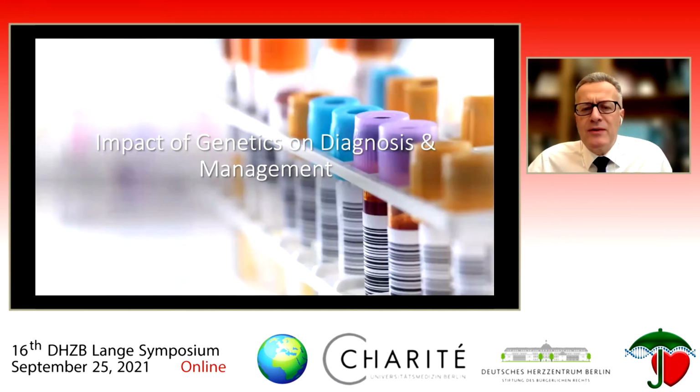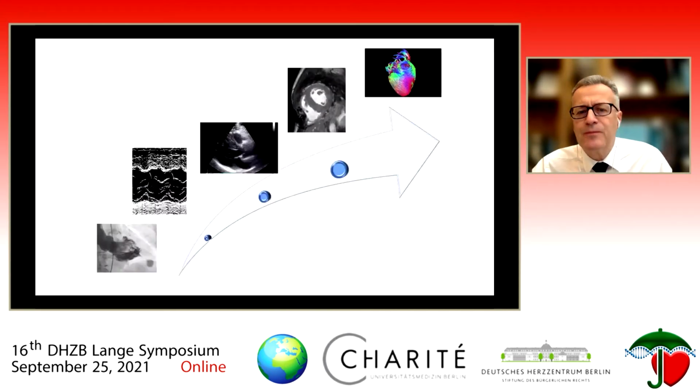So that's a little bit about the genetic architecture of the disease and what's emerging through studies on common variation. But as a clinician, and particularly as a cardiologist, what we always want to know is, what difference does it make? Does it help me make a diagnosis, and does it help me treat the patient? At least in cardiomyopathy, with regard to diagnosis, we're still heavily dependent on imaging.